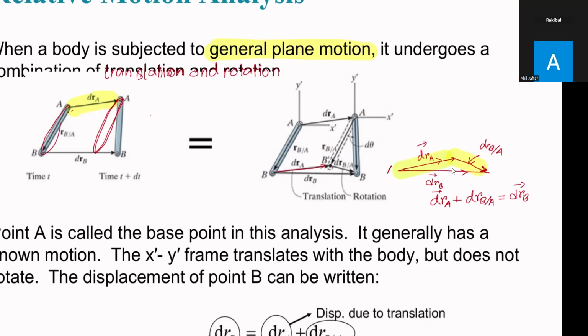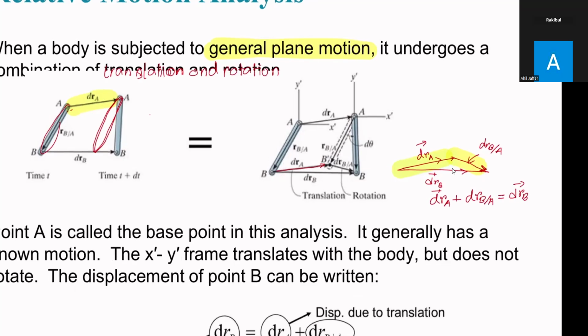If you start from point A, let me give another, because A, B, C. If we start from point B, then we reach B prime. Let me call it B initial and B final, so that you understand. From B initial to B prime, then if you go to BF, what is DRA plus DRBA, isn't it?